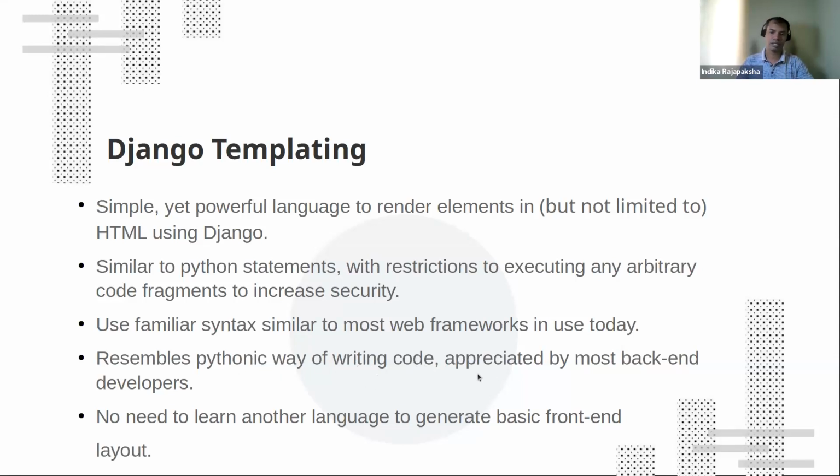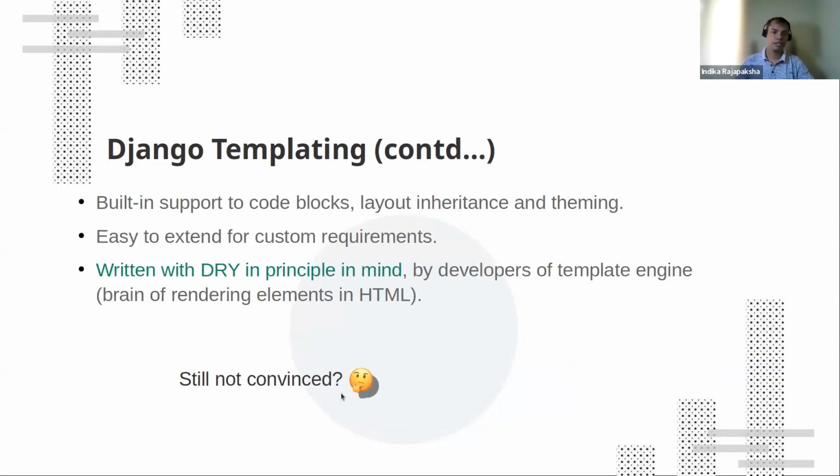Most backend developers like this Django template language, because they don't have to learn another language to generate the basic front-end layouts. It also has built-in support for code blocks, layout inheritance and theming. I will talk about these things when I walk through the code and other designing parts.